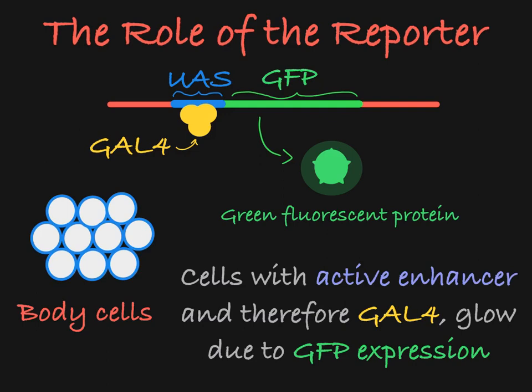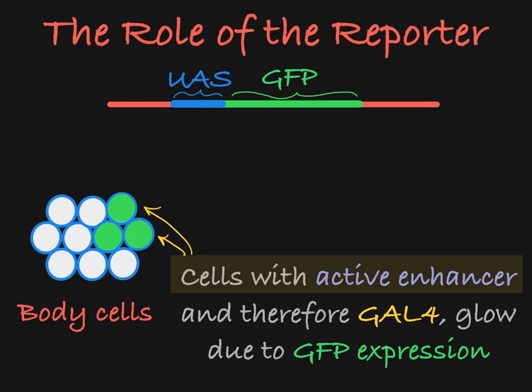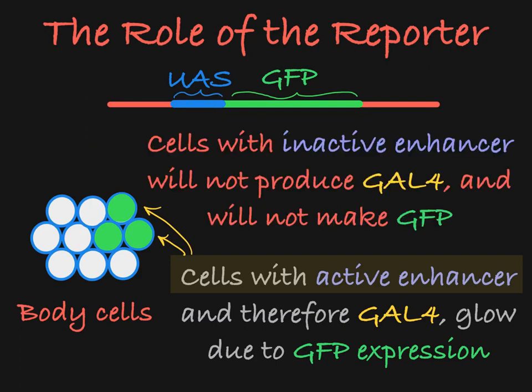In the cells in which GAL4 is expressed, it will bind to the UAS, which will then promote the expression of GFP, producing a glowing protein, which is easily visualized in the organism. Conversely, in the cells in which the enhancer of GAL4 is not active, GAL4 is not produced, meaning the GFP will not be expressed. These cells will not glow.